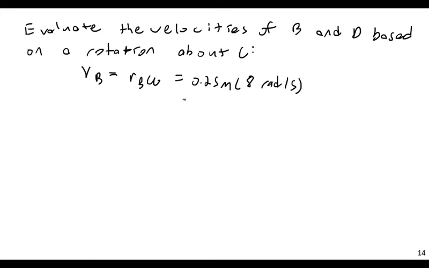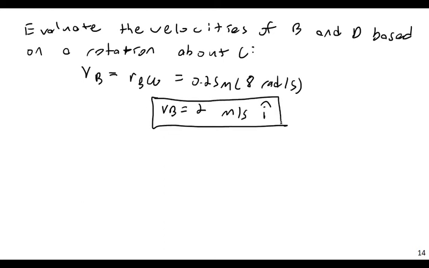And I will get that VB is equal to 2 meters per second in the I direction, or to the right.